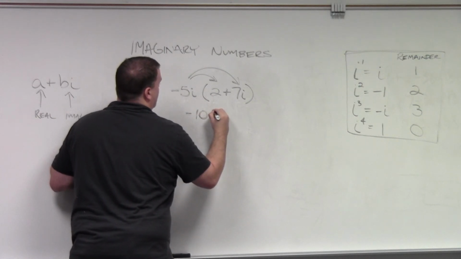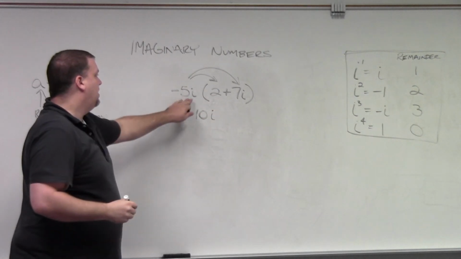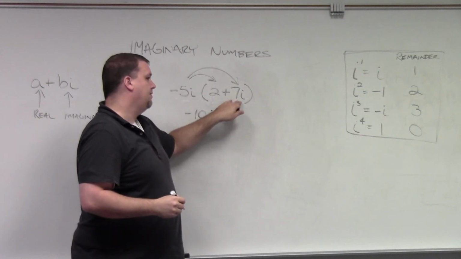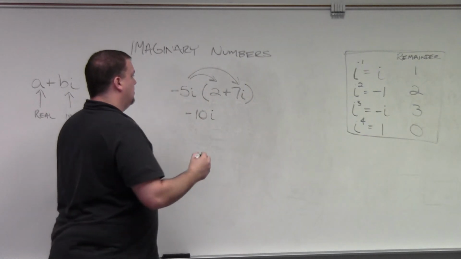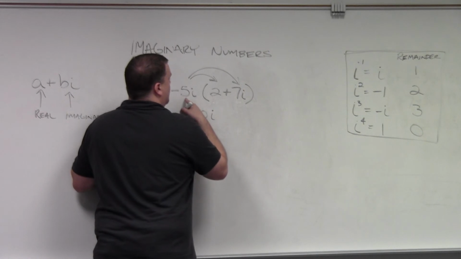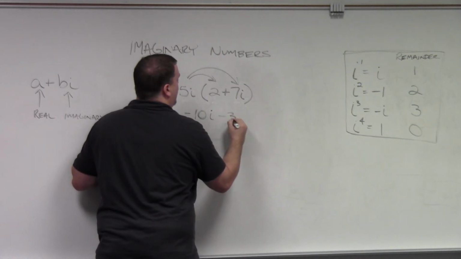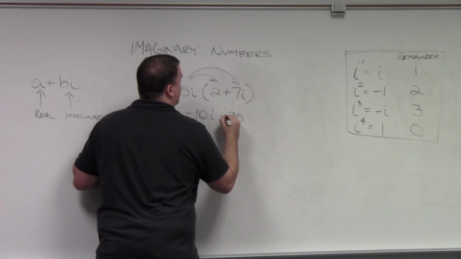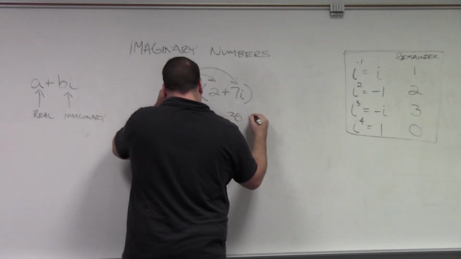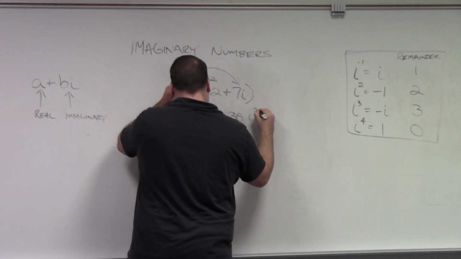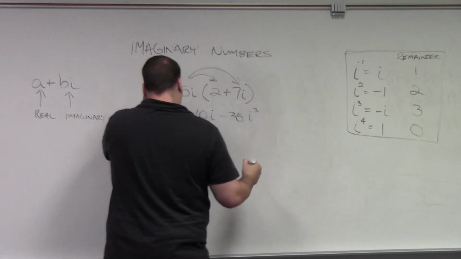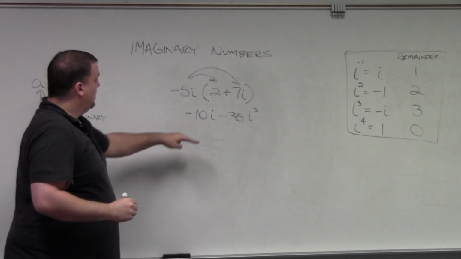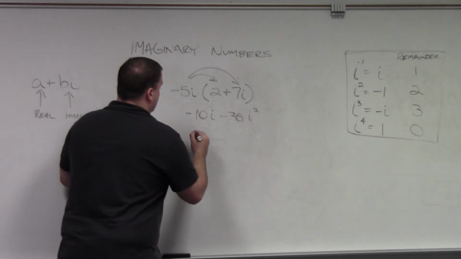And then negative 5i times positive 7i. Negative 35, and I have an i times an i there, so i squared, correct. So negative 10i, can't do anything with that.